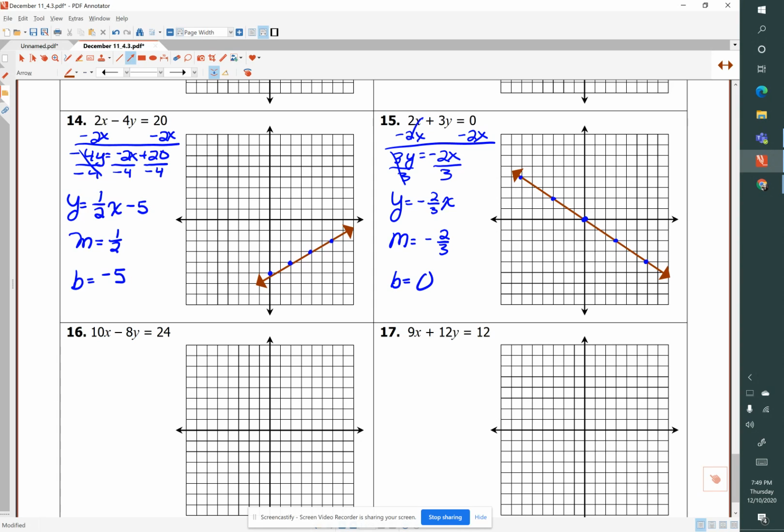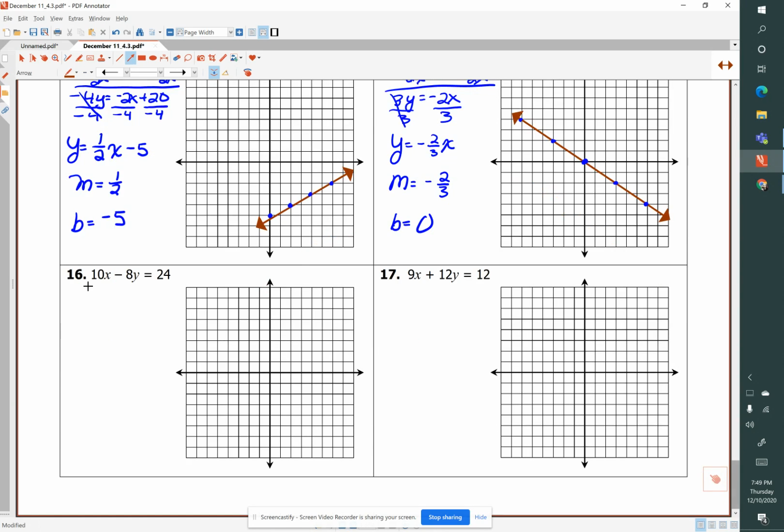And number 16, we'll subtract 10x from each side of the equation. So we have negative 8y equals negative 10x plus 24. And we'll divide everything by negative 8.